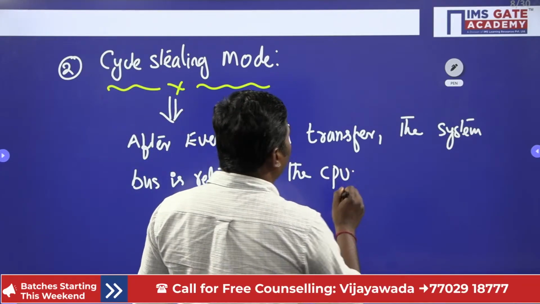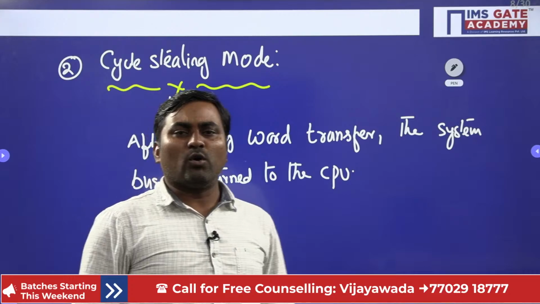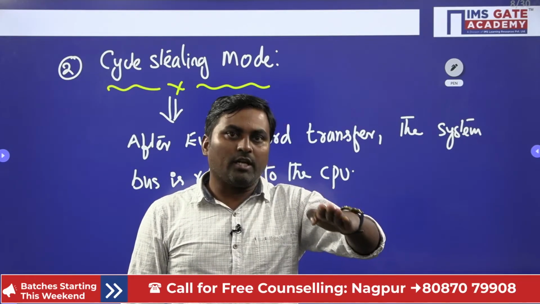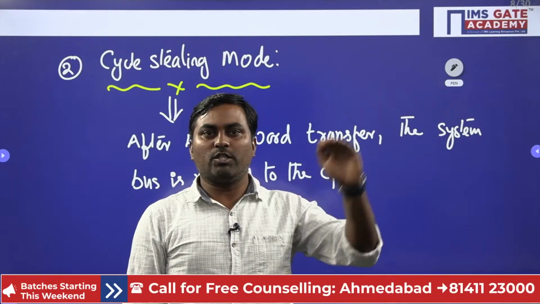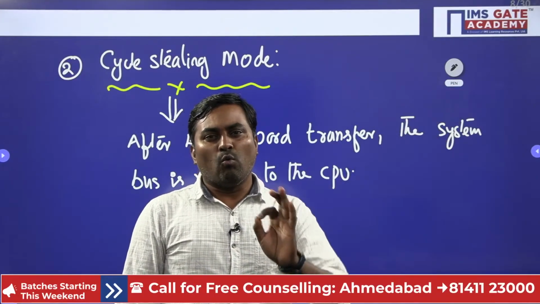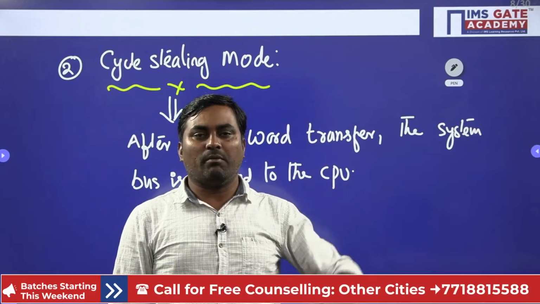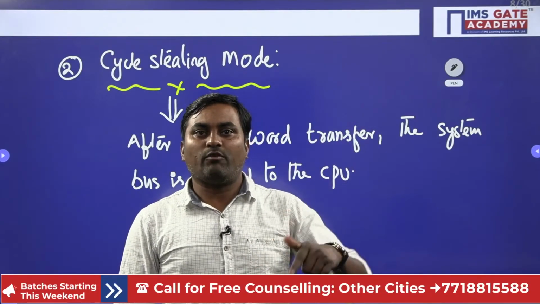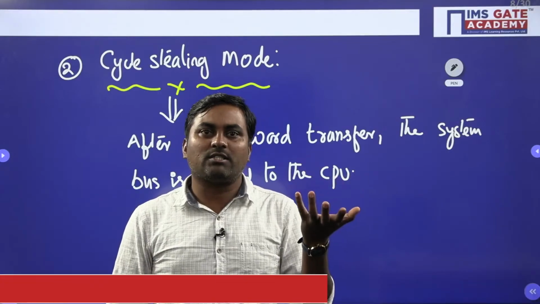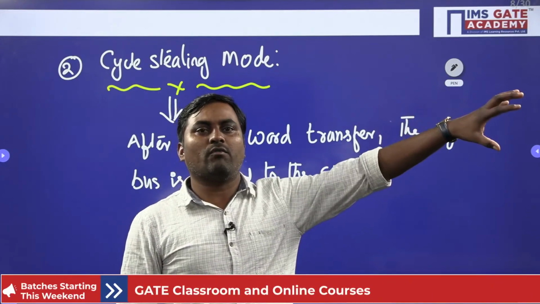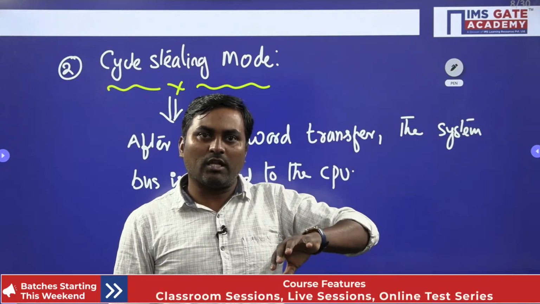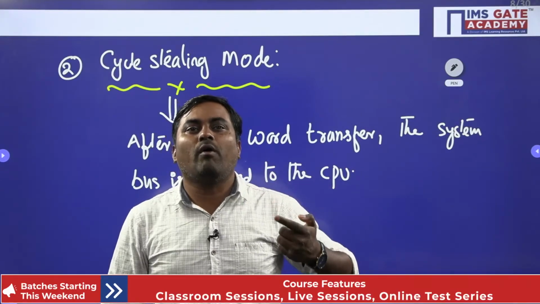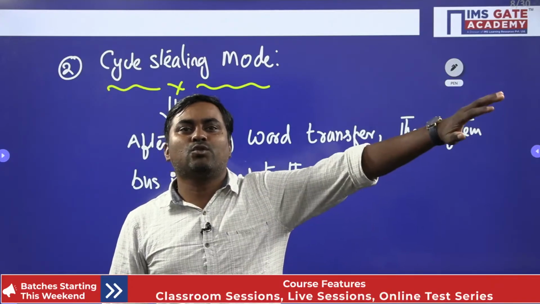For example, I want to transfer 100 words from disk to memory. You transfer one word, release the system bus, then inquire after every instruction cycle. Again, if you get the system bus, transfer another word, release it. Again transfer another word, release it. So every time one word transmission is over, the system bus is relinquished to the processor.